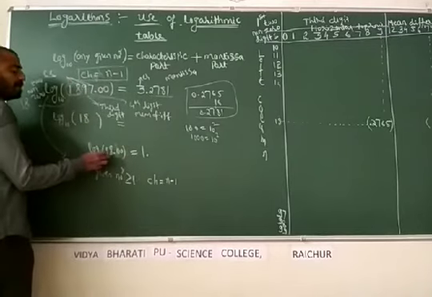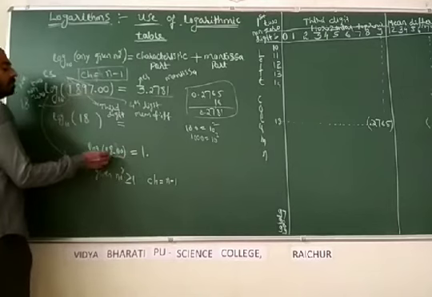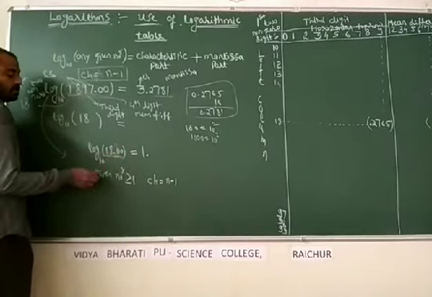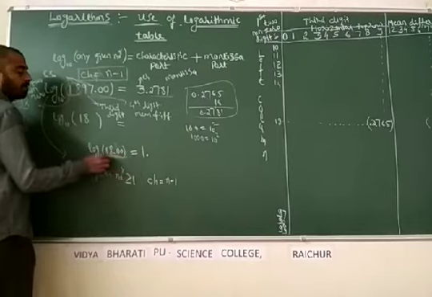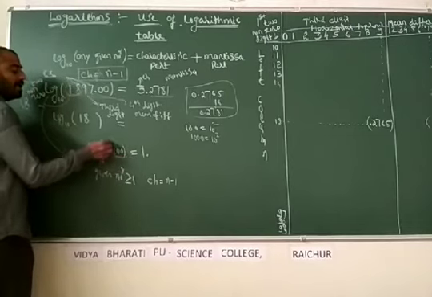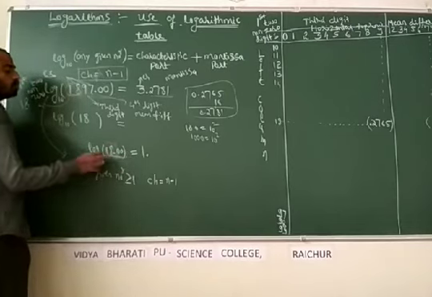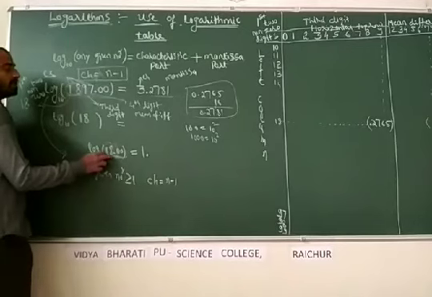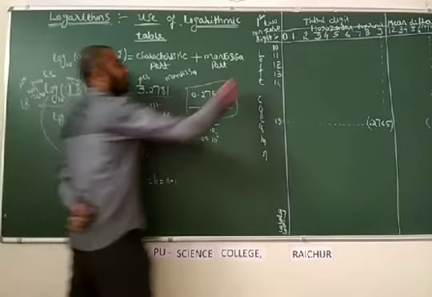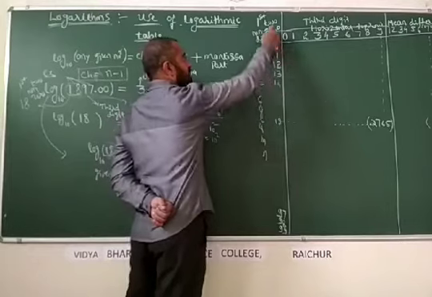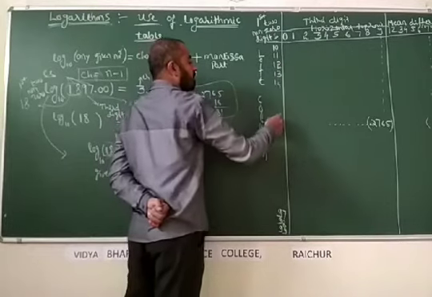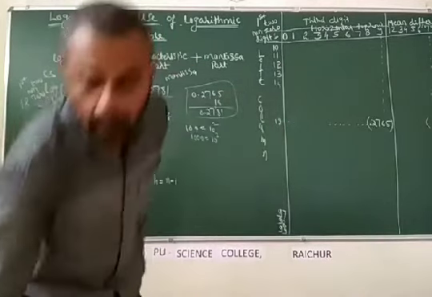Now, to find its mantissa, after finding the characteristic, we take the first 2 non-zero digits of the given number. First 2 non-zero digits means 18 only. These first 2 non-zero digits have to be located in the left column, that is 18.